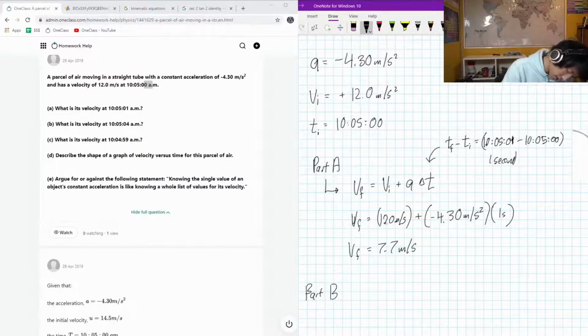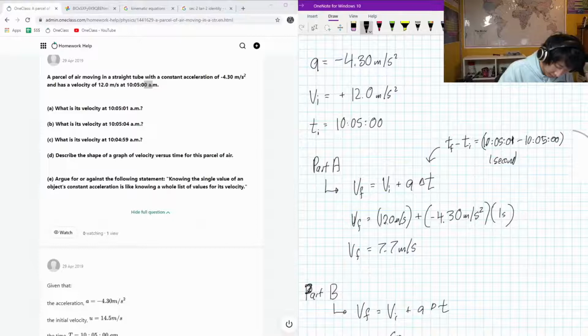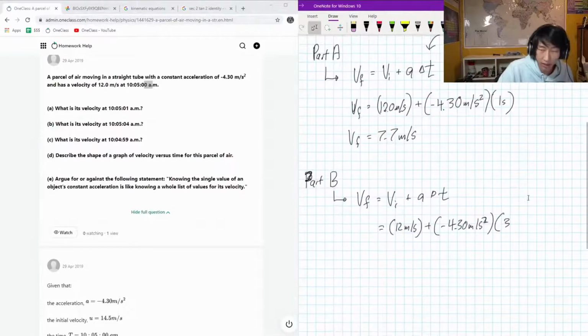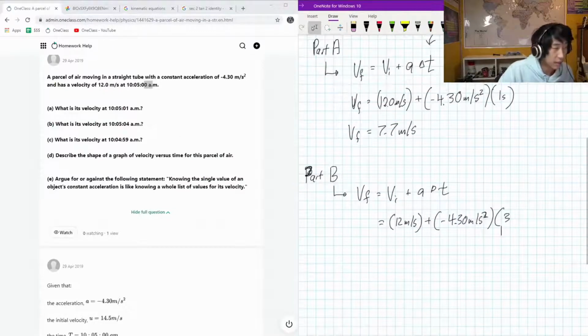Part B, we're going to have the final velocity is equal to our initial velocity plus acceleration times our change in time. In this case it is 4 seconds, so it's going to be 12 meters per second plus negative 4.3 meters per second squared times 4 seconds, my bad, you can't see that.